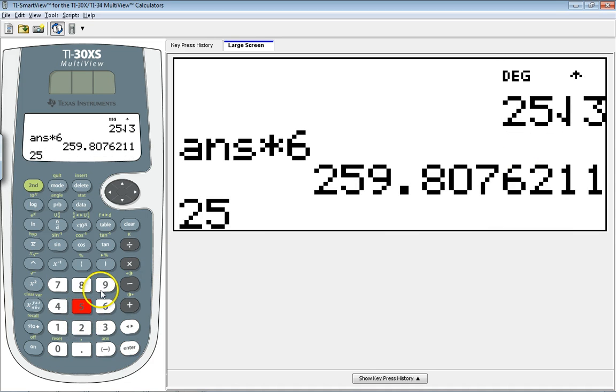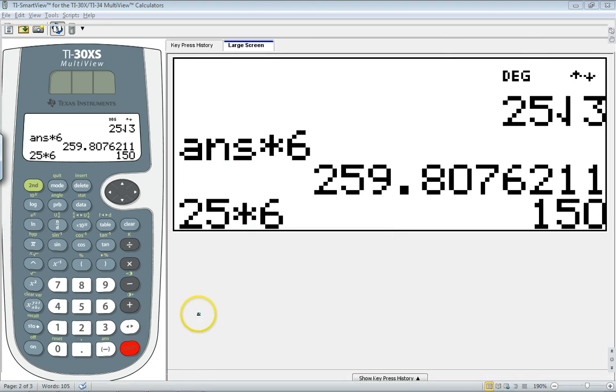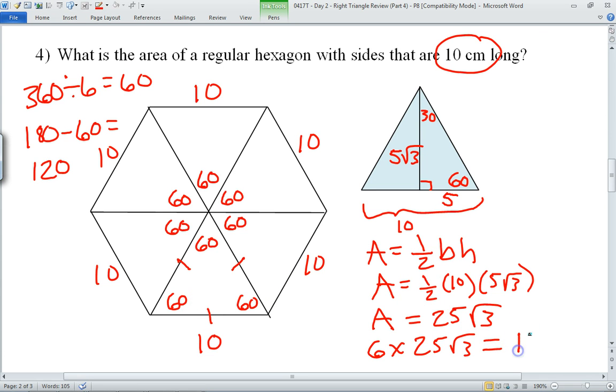So if I do 25 times 6, that gives me 150. So that means this will be 150 radical 3. Okay, so that is the answer to number 4.